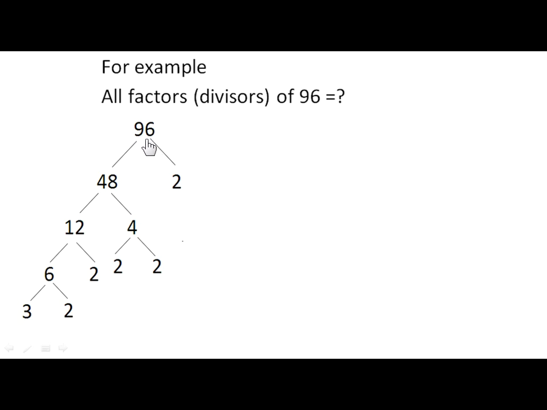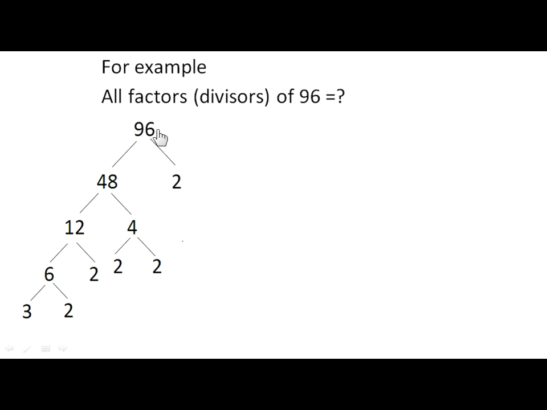through a tree diagram. In a tree diagram, we break the given number into its factors, not necessarily prime factors, but we will proceed ahead so that finally we reach the prime factors of the number.